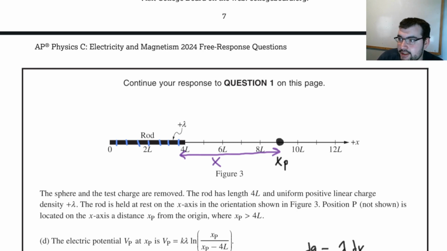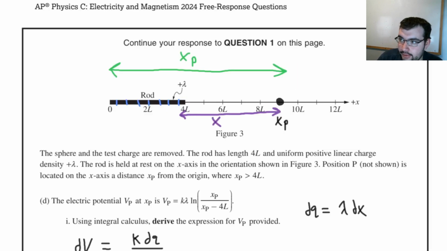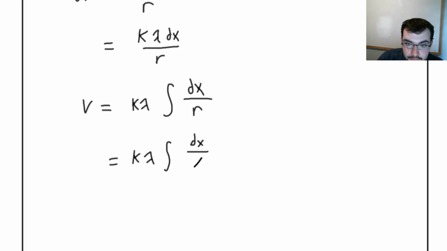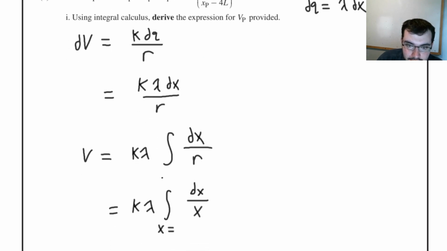I think it's pretty clear that the largest distance x can be is this xp value, because that's the farthest dq can be from the point. So x ranges from something to xp.